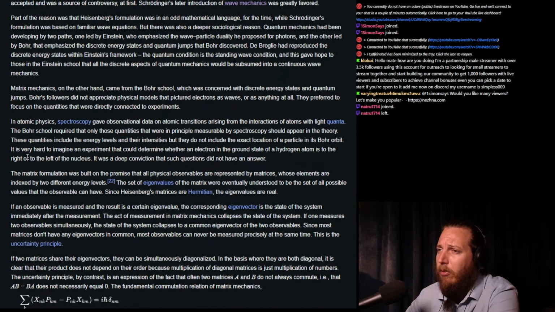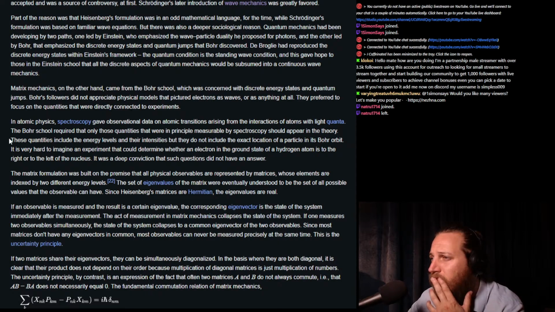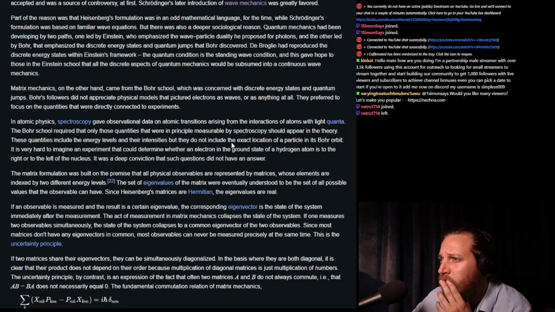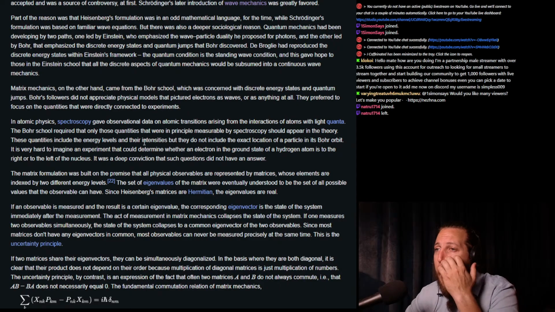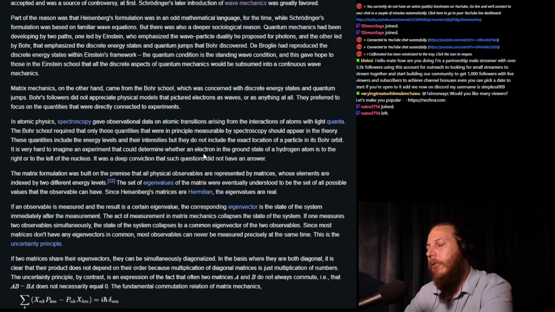In atomic physics, spectroscopy gave observational data on atomic transitions arising from the interactions of atoms with light quanta. The Bohr school required that only those quantities that were in principle measurable by spectroscopy should appear in the theory. In principle, okay.